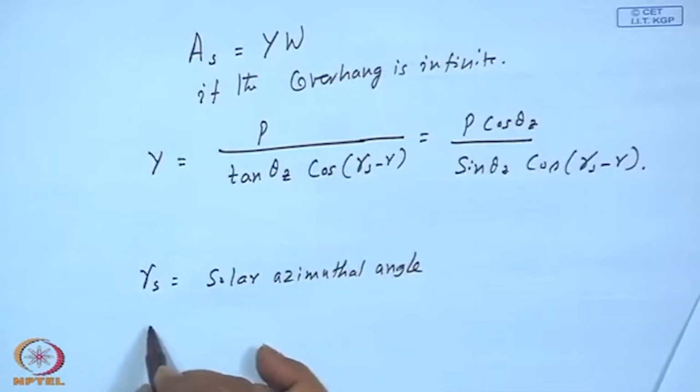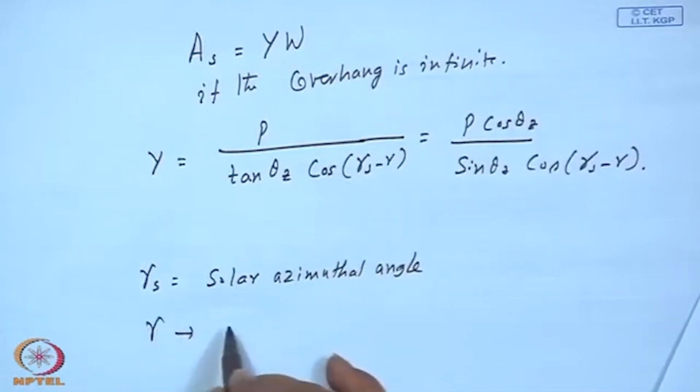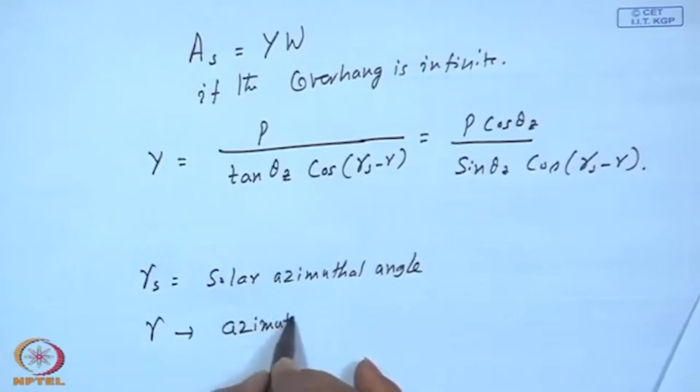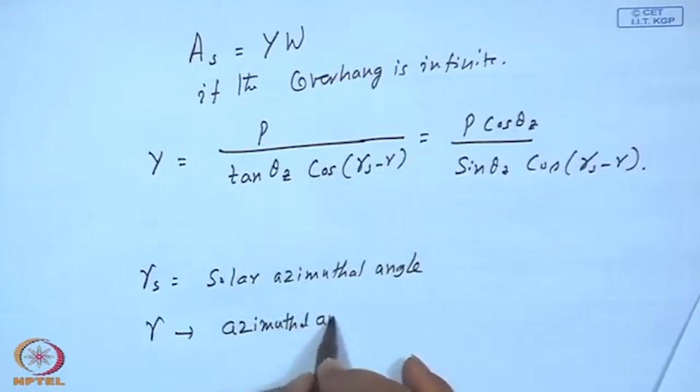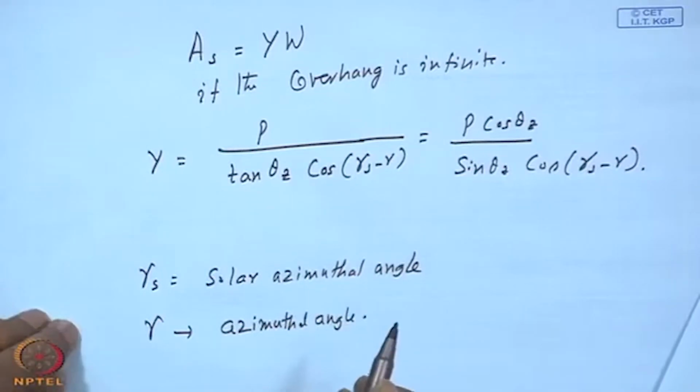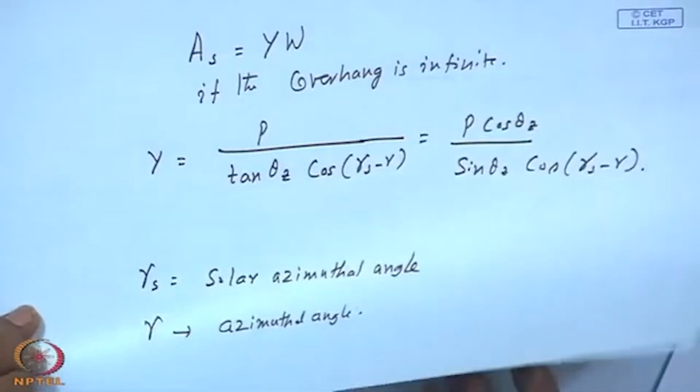We have introduced the azimuthal angle for the surface as the angle between the north-south axis and the projection of the outer normal to the surface on the horizontal plane.